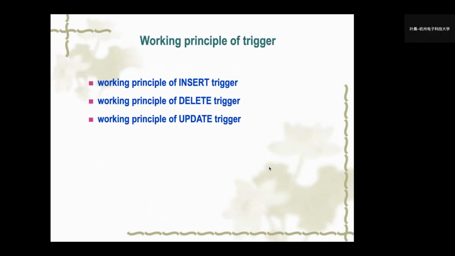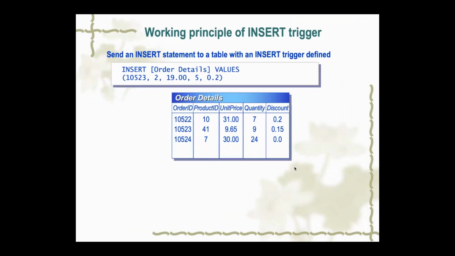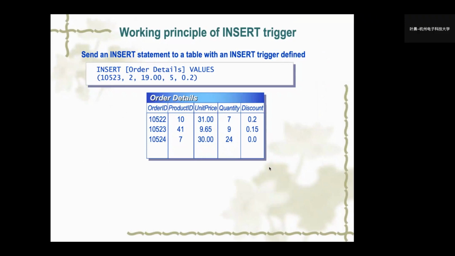Then let me introduce the working principle of these three triggers. First is the working process of the insert trigger. If you send an insert statement to a table with an insert trigger defined, it's like this: insert into the order details table a new record like this.